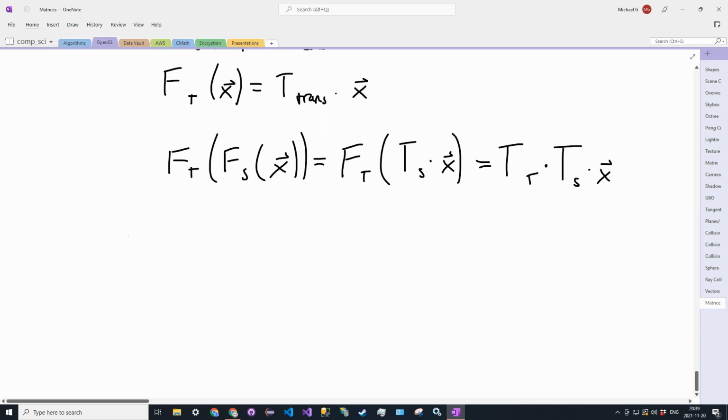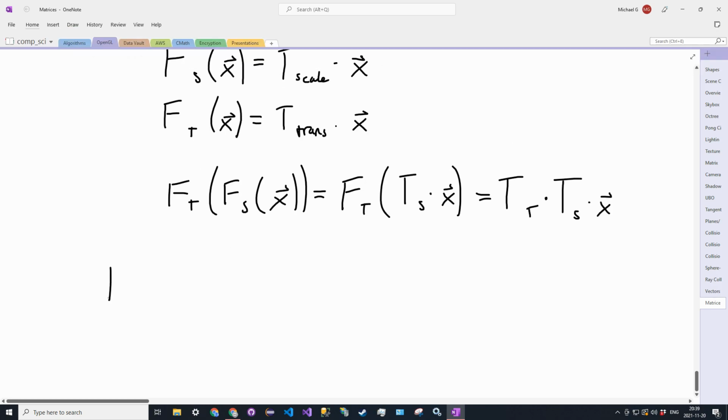If we were to combine these generally, we would have T equal to T translate times T rotation times T scaling, where T sub t is the translation matrix, T sub r is the rotation matrix, and T sub s is the scaling matrix. You can do that out if you want. If you just want to pain yourself, go for it.